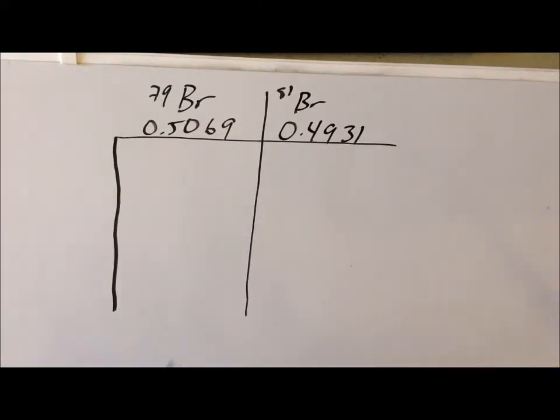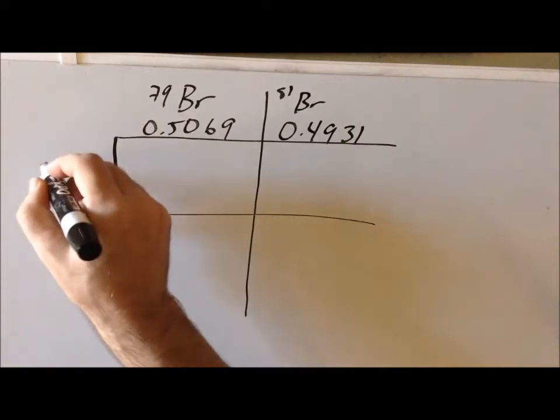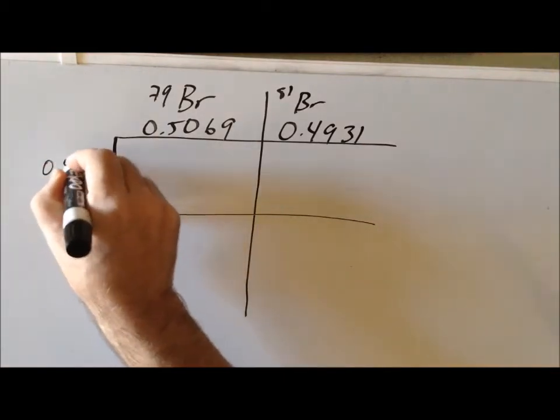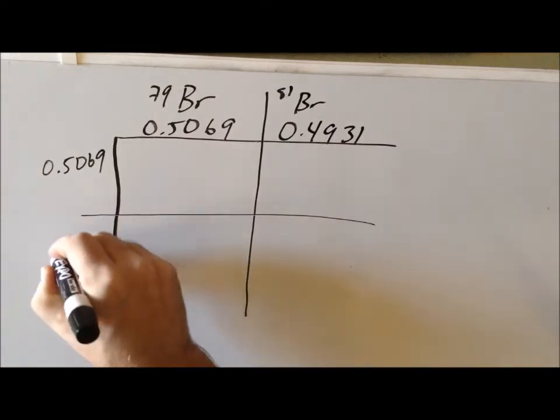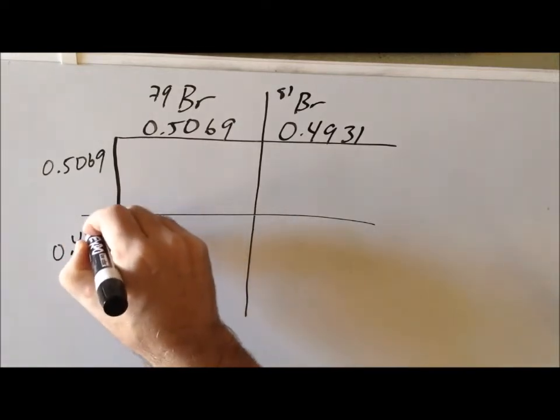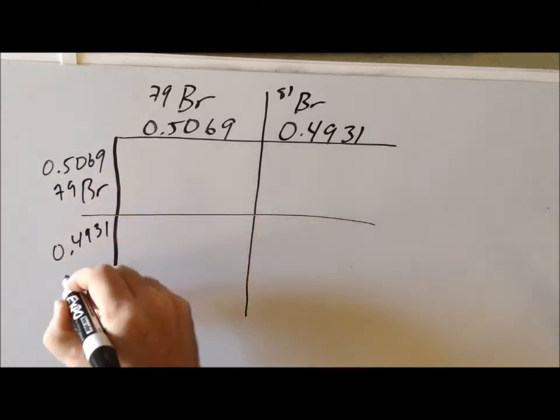So it is very close to the idea of having a heterozygous trait. And then for the rows, again, this is bromine 79 here, and this is bromine 81.